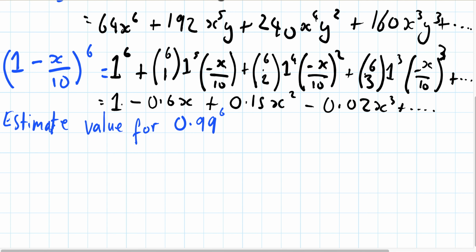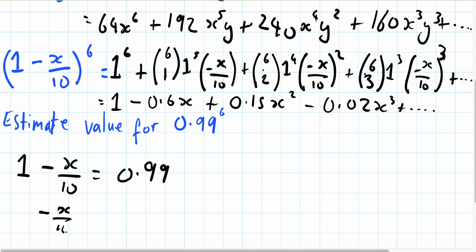Now we're going to use it to estimate 0.99 to the power of 6. For our estimation, as you can see, they have the same power. So we go 1 minus x over 10 equals 0.99. So minus x over 10 equals minus 0.01.